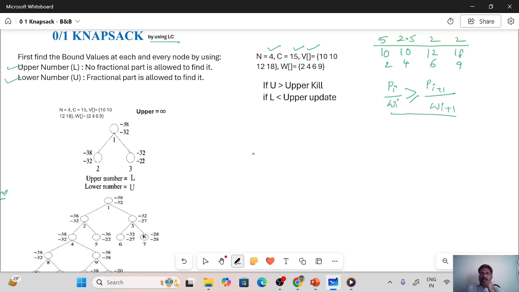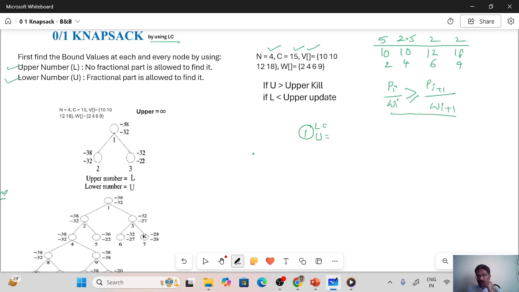So first I am going to create one node. That node is 1. For this node I am going to find two numbers, the lower bound as well as the upper bound. The upper bound having fractional also. So what is that meaning? Observe, what is the first item weight? 2. What is our knapsack capacity?